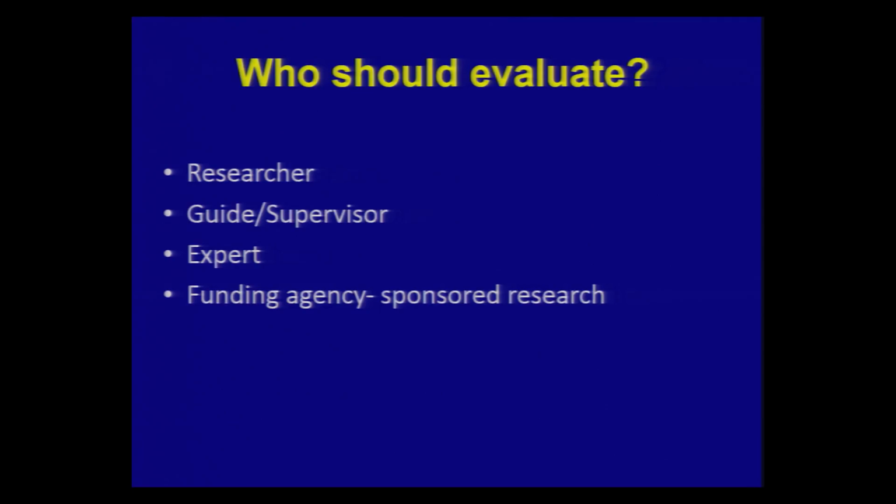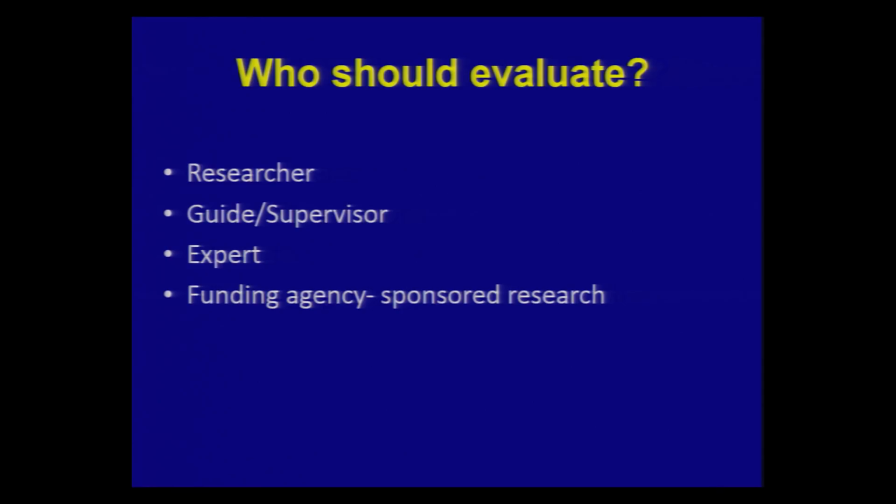The supervisors and the guides who are guiding the students for their master's work or the PhD work can evaluate a piece of research against the various parameters, or an external expert can also evaluate, as we have the practice that each thesis or dissertation is evaluated by an external expert or a group of external experts. So external experts who have the knowledge of the subject matter as well as the knowledge in the field of research can be involved in evaluating a piece of research.